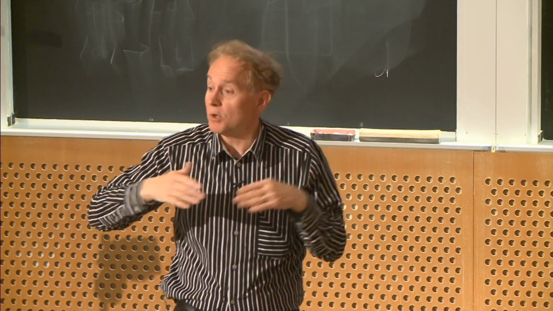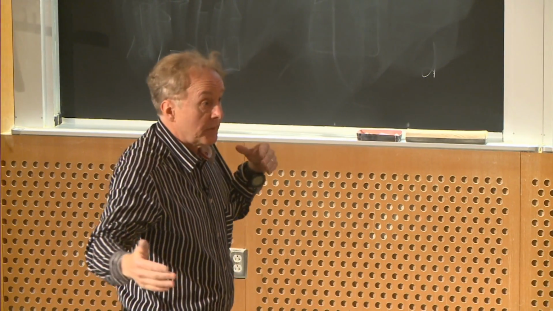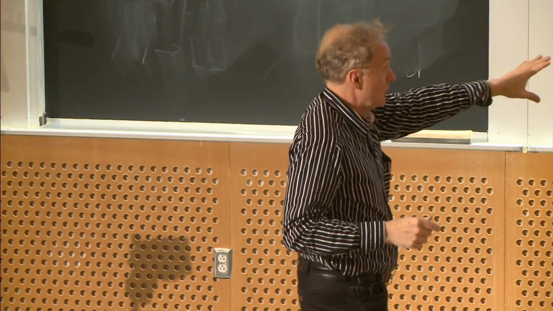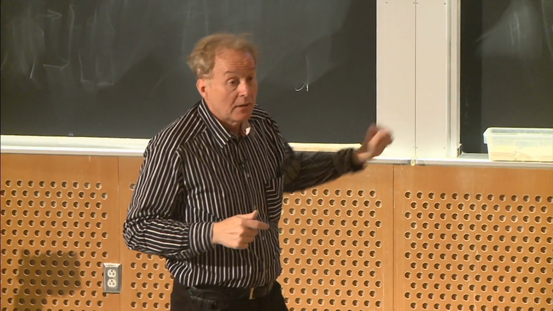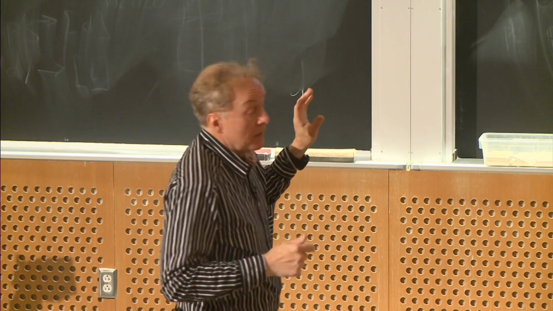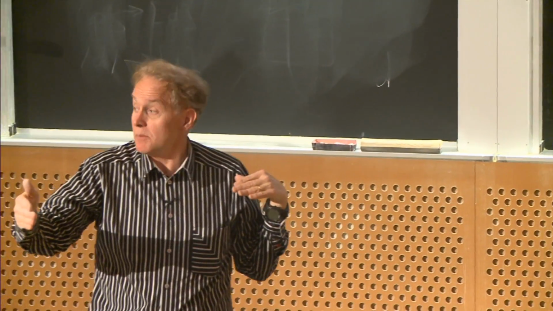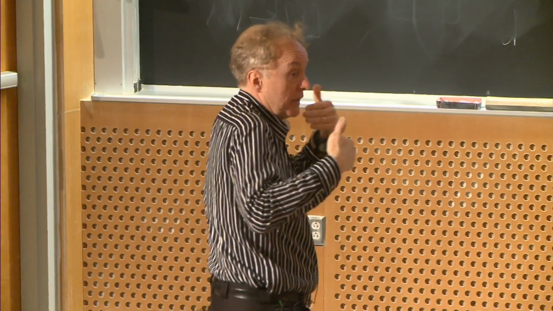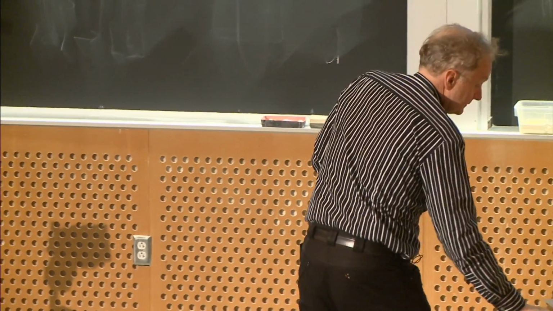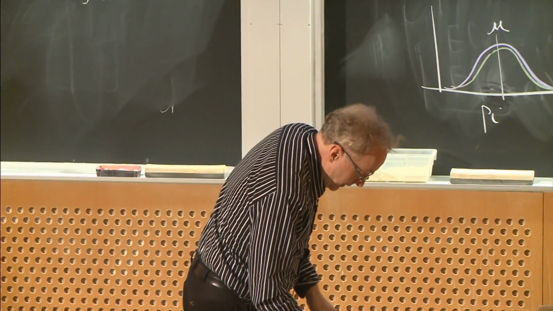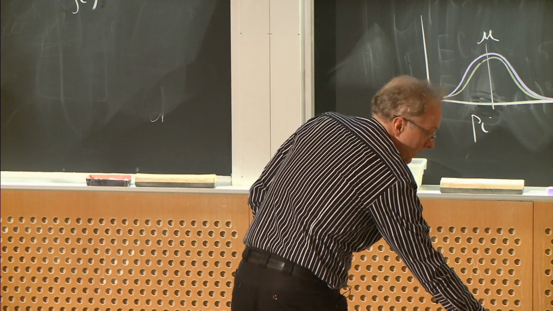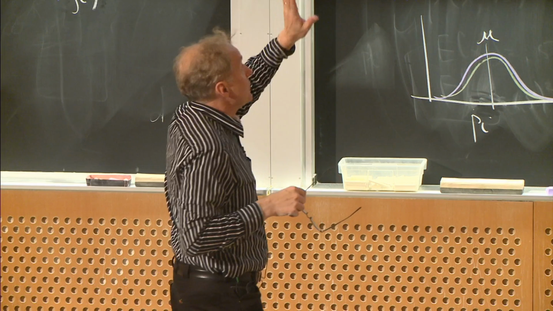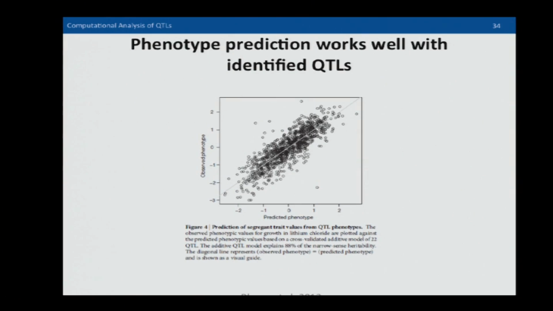The more loci you have, the more individuals you need to fight against the multiple hypothesis problem, which is taken care of by this permutation implicitly. And the more QTLs that contribute to a particular trait, the smaller they might be, and there you need more individuals to provide adequate power for your test. Out of this model, however, if you look at all the different traits, the predicted phenotype versus the observed phenotype, you can see that the model does a reasonably good job.